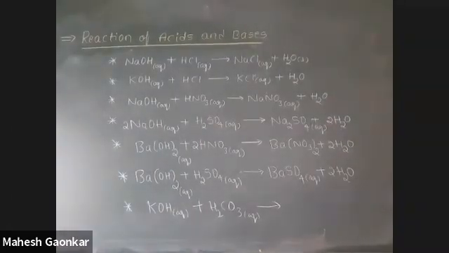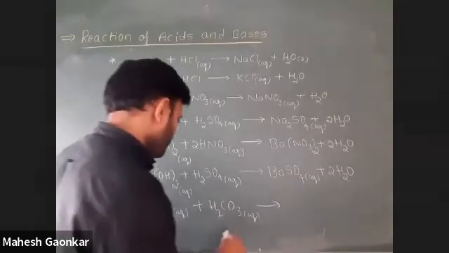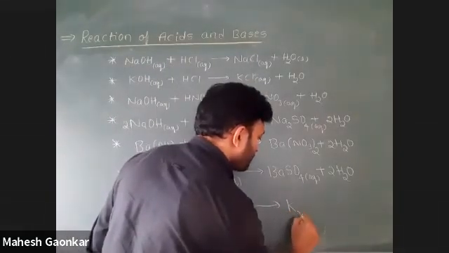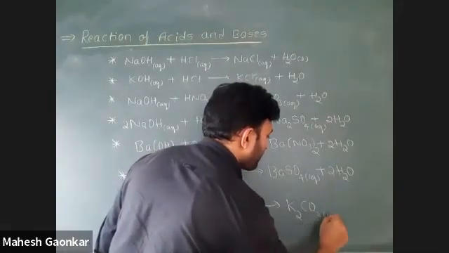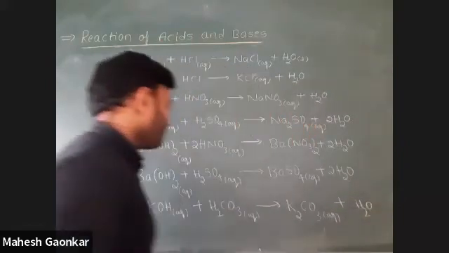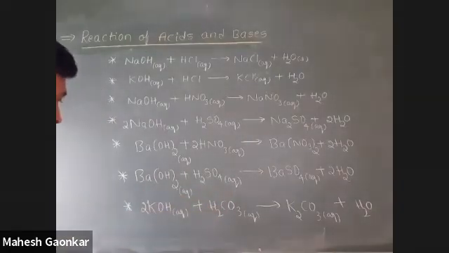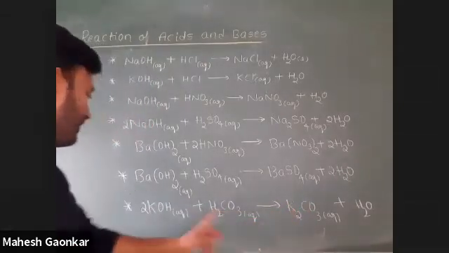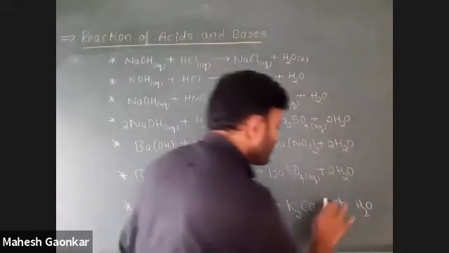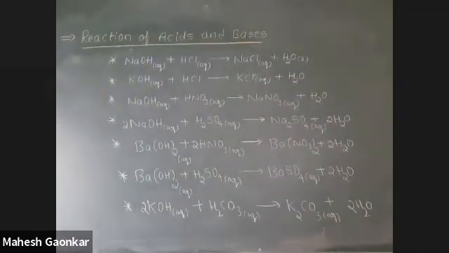KOH plus H2CO3 gives potassium carbonate, K2CO3, plus H2O. K2CO3 means it should be 2 KOH, right? K2CO3, 2H, that means here it should be 2H2O. The reaction is balanced.